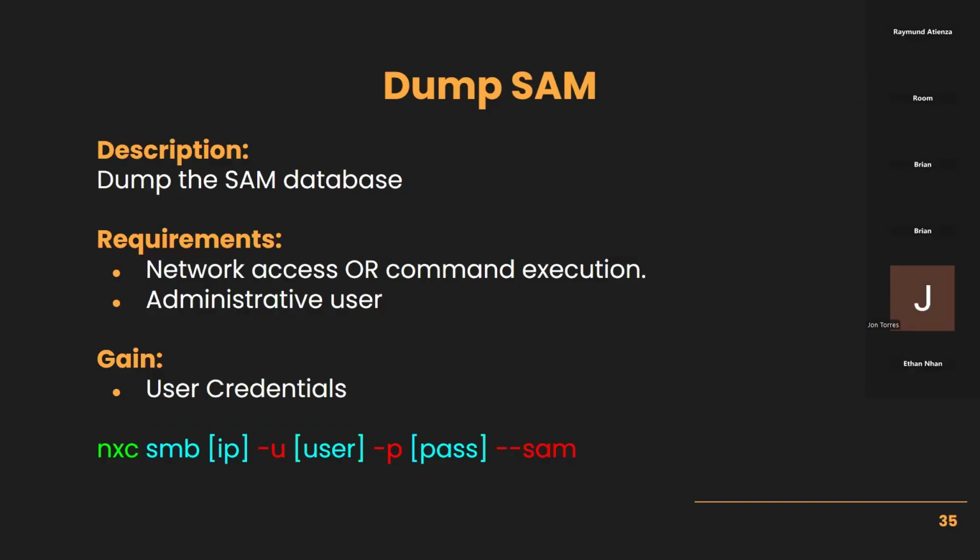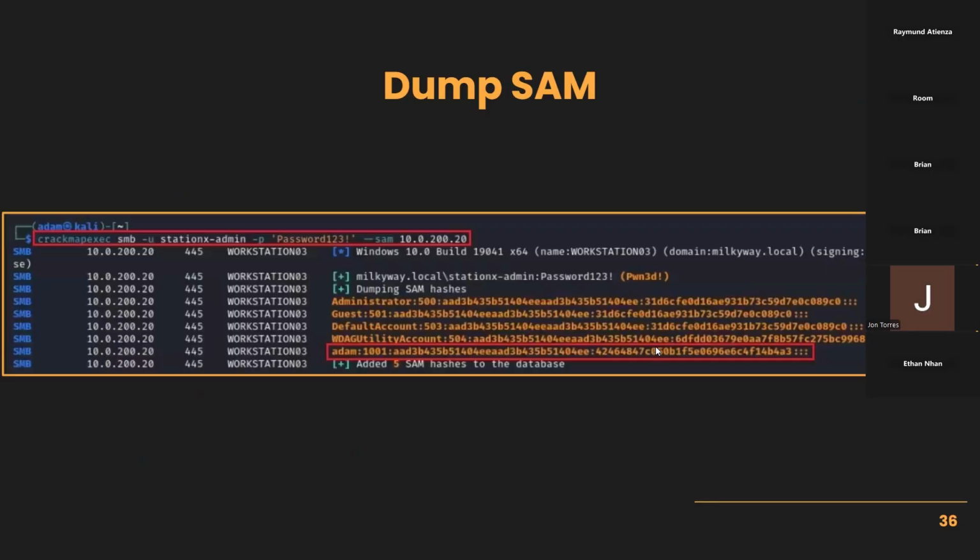Like LSASS, you need to have administrative credentials, and you could use NXE and specify that you want to dump a SAM file. So in this command example, it specified a user with admin privileges, and then the type of credential dumping you want to do, which is SAM. And then you would input the IP address.